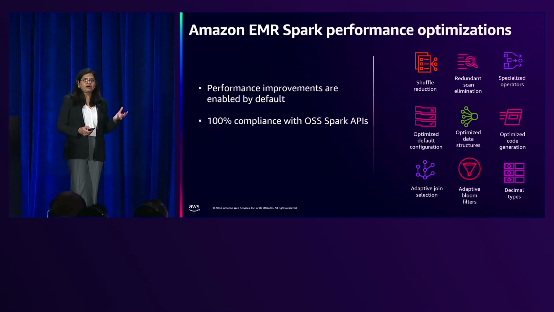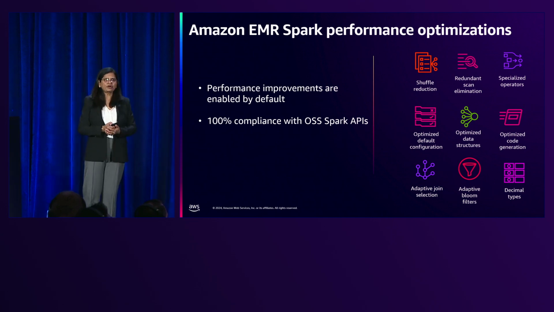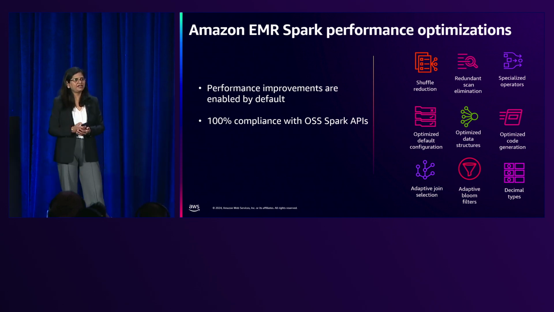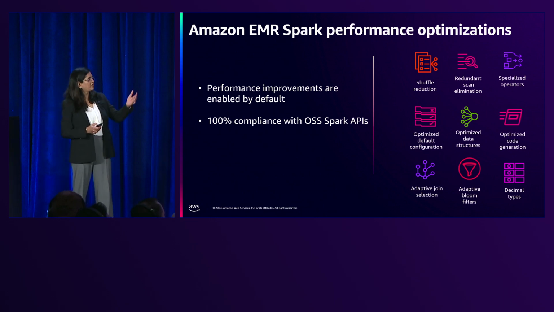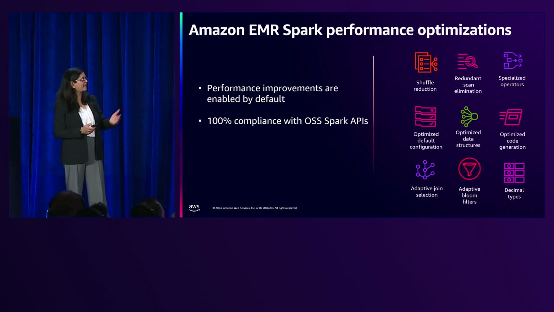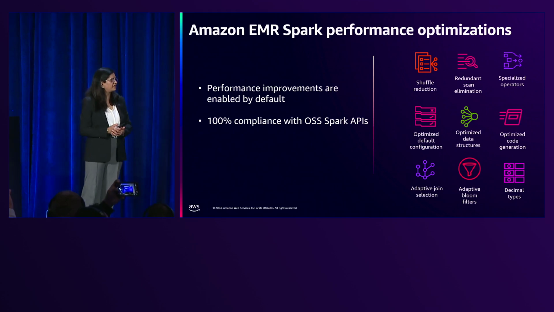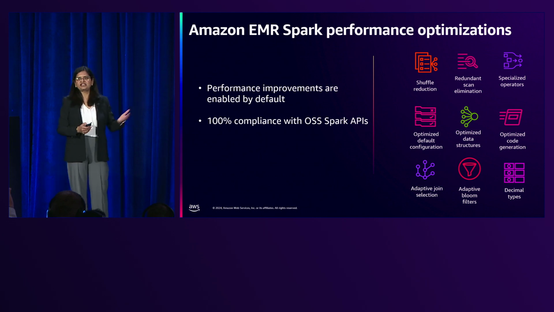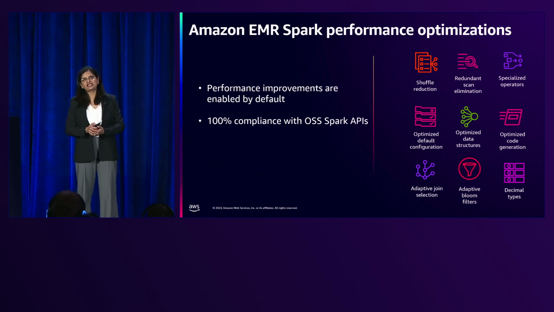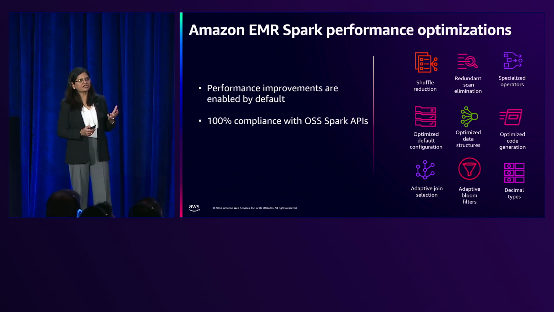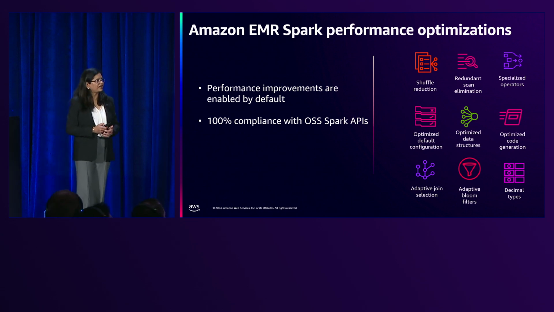So in order to get to these performance numbers, there are a number of features that Gio's team has been working on, and they include shuffle reduction, redundant scan elimination, optimized data structures, optimized code generation, adaptive join selection, and Bloom filters, adaptive Bloom filters, and so on. There are a variety of features that we are continuously working on to improve the performance every year.